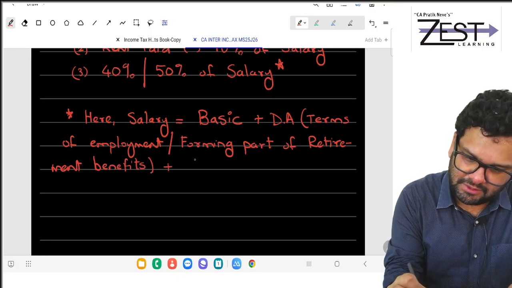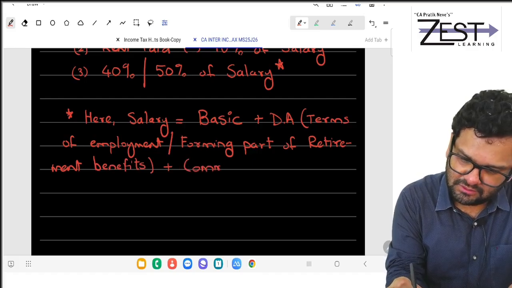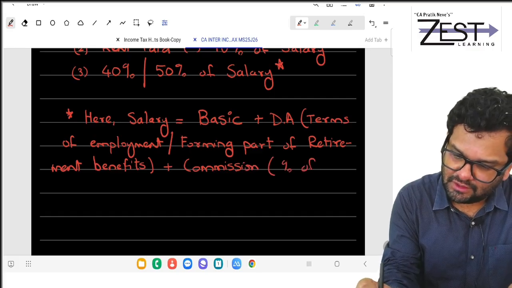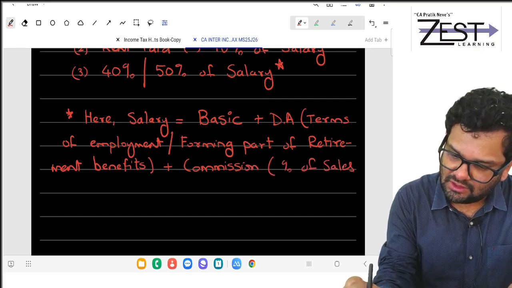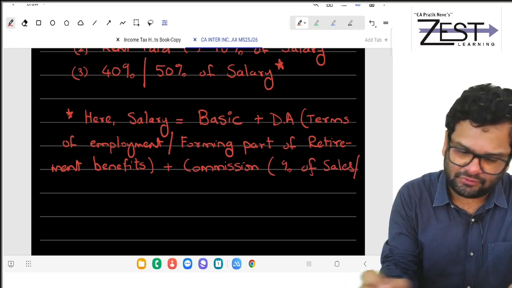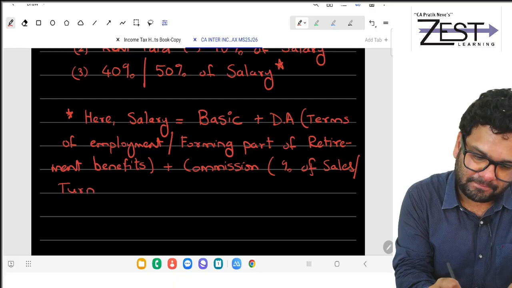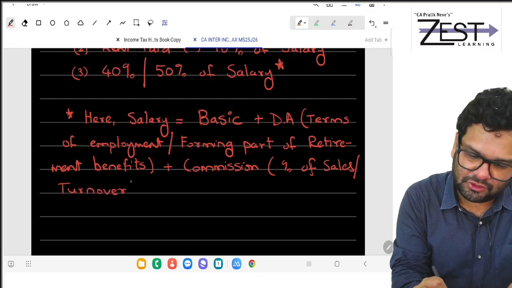Plus commission. Which commission? That commission which is given as a percentage of sales, or you can call it a percentage of turnover. This is the definition of your salary.